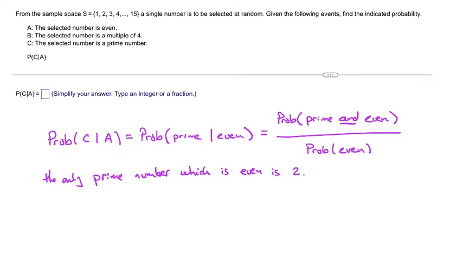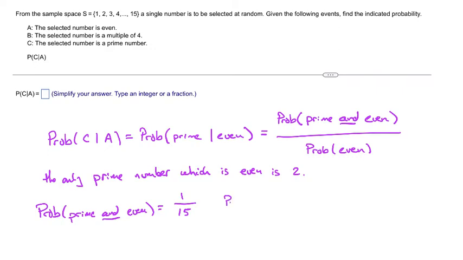And so the probability of getting an even prime number, prime and even, is only going to be 1 out of 15 different possibilities.